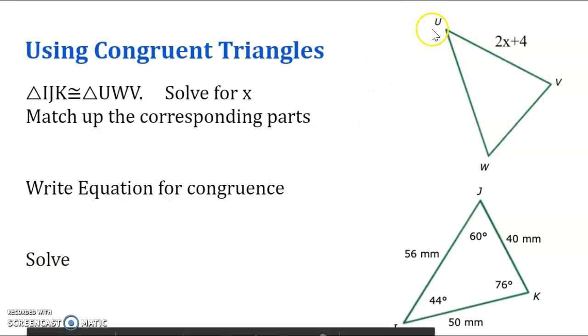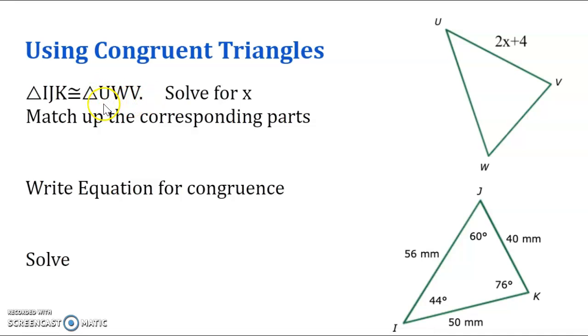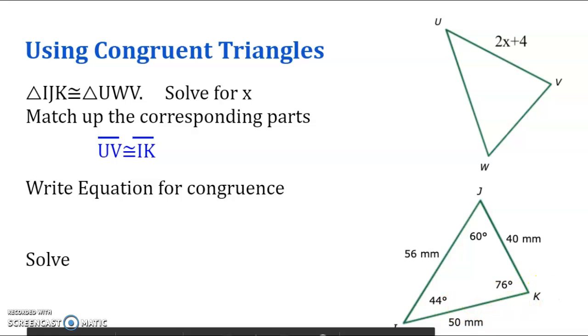UV corresponds to which side? U is the first letter and V is the last letter, so look for the first letter and the last letter. That's going to be IK, right? UV corresponds to side IK.